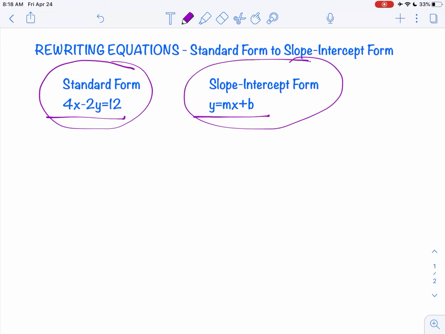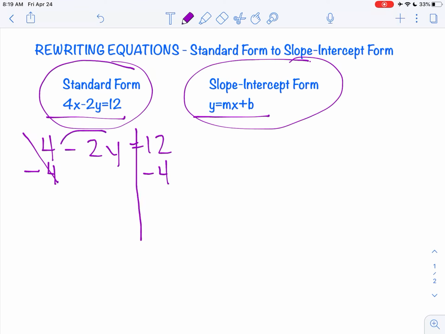So I'm going to review a little bit with you first. If we had an equation that looks like this, and we needed to solve for y, we would follow our standard procedures. I've got to get rid of the 4 on the left-hand side, so I would subtract 4 from each side, remembering that that cancels out.